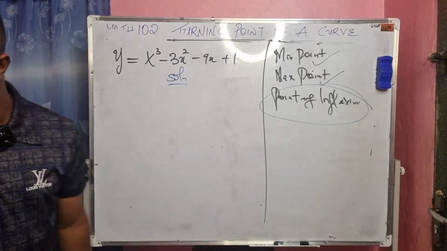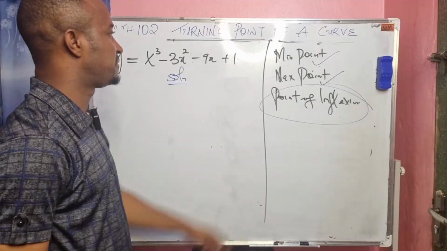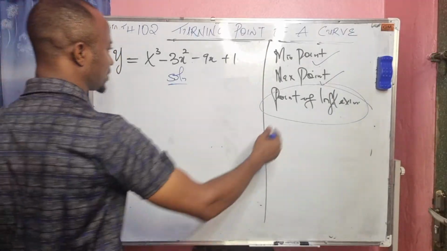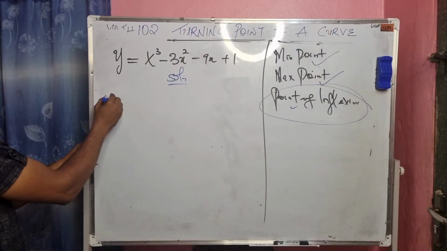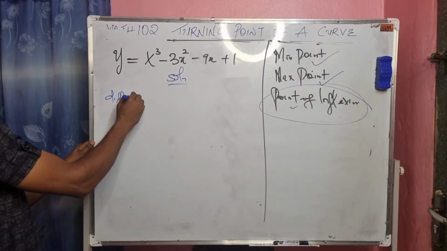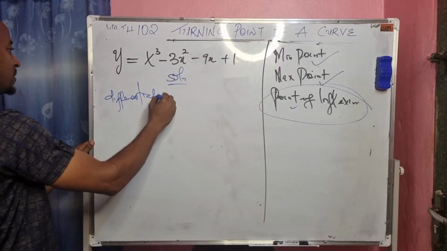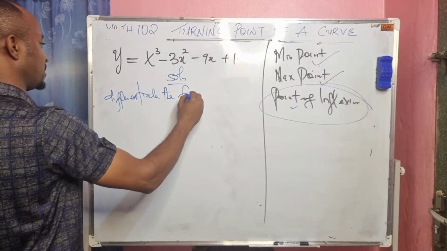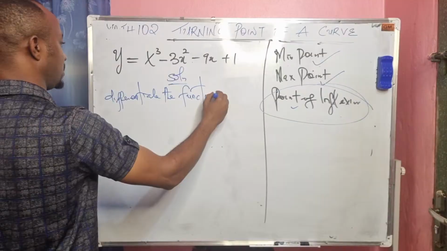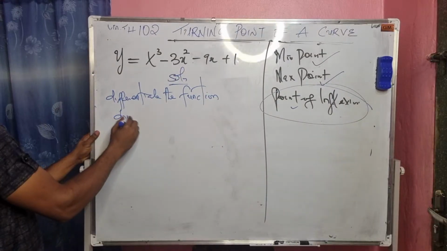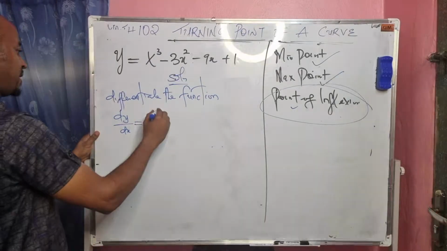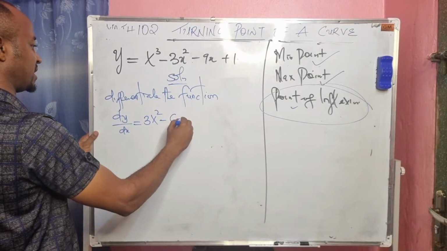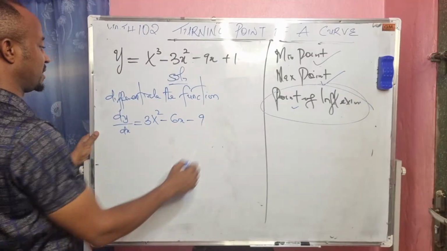Question says find all the stationary points, meaning find these 3 points. So I'm going to solve for only the point of inflection. The first thing we need to do is to differentiate the function. We have our dy/dx, that will give us 3x squared minus 6x minus 9.